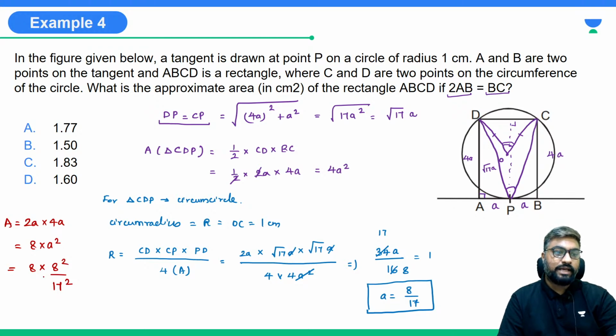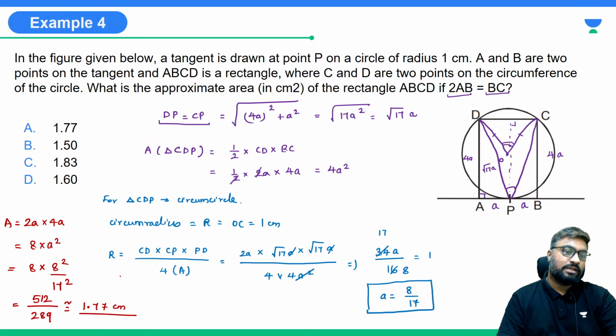I hope you're able to get this. Yes. So 8 cube is 512. Yeah. 17 square is going to be what? 289. अभी कैलकुलेटर तो चाहिएगा ही चाहिएगा. So 512 by 289 because answer choices काफी close है. This is approximately 1.77 centimeter square.